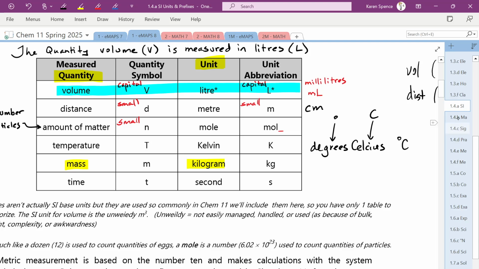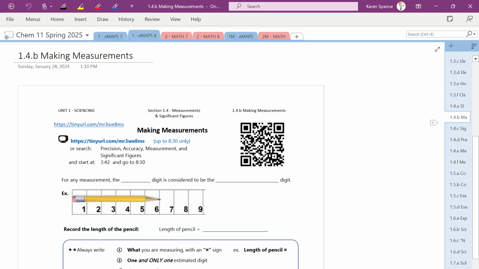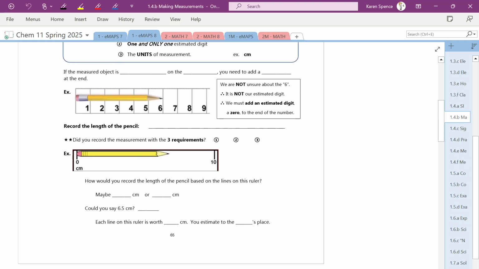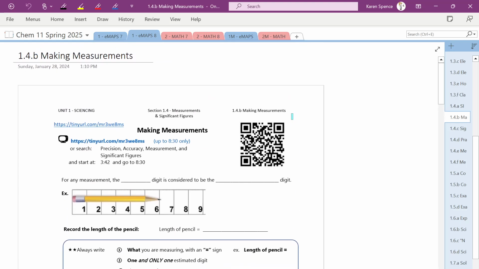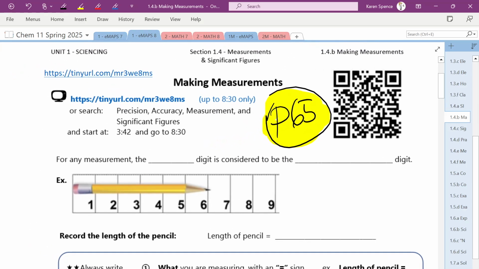Moving right along, we're going to go to 1.4b, which is on page 65. Pretty soon we're going to start doing some labs.